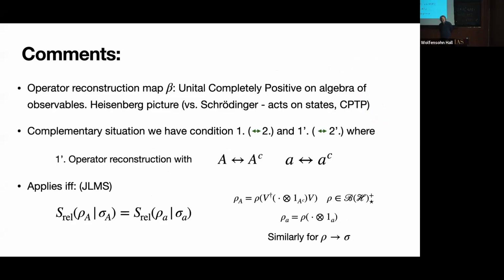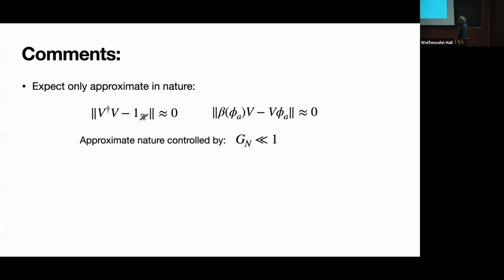Then if I have that, and in fact it's if and only if, the relative entropies agree. So the boundary relative entropies agree with the bulk relative entropies. So that means, if we know something about the relative entropies, then we can find where the operator reconstruction works, and that's how you prove that it's the entanglement wedge that works.